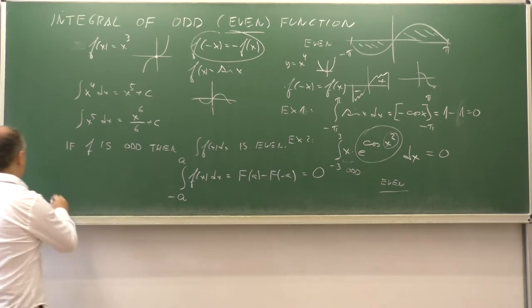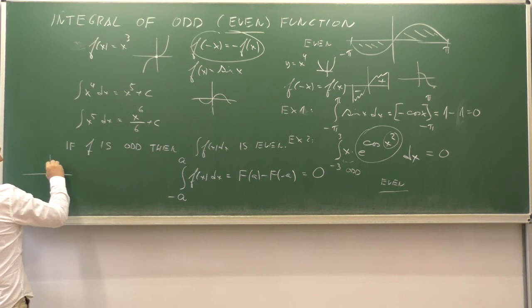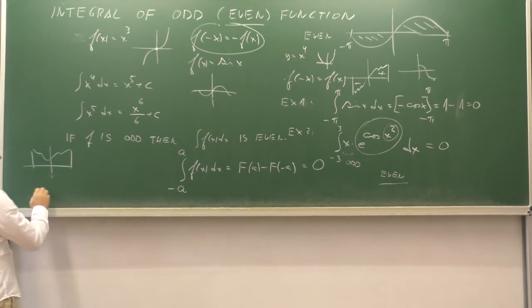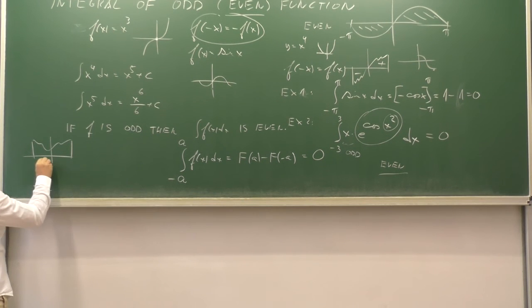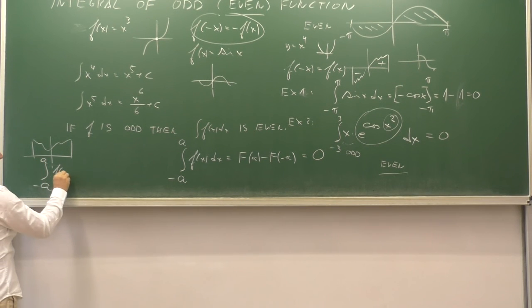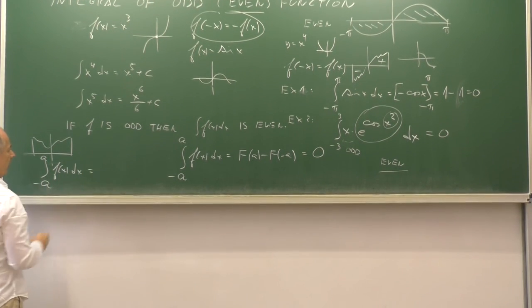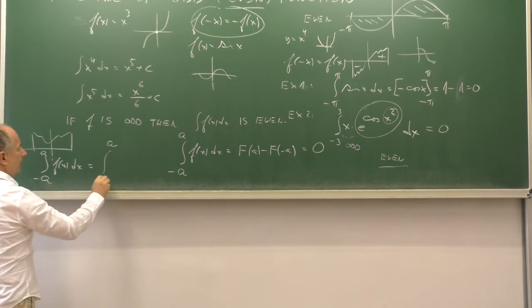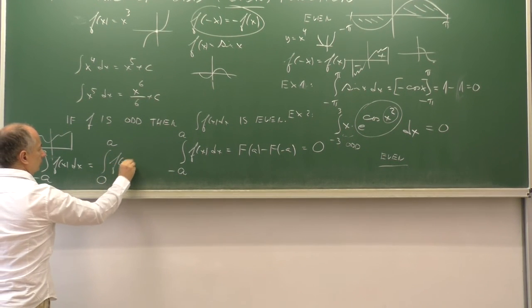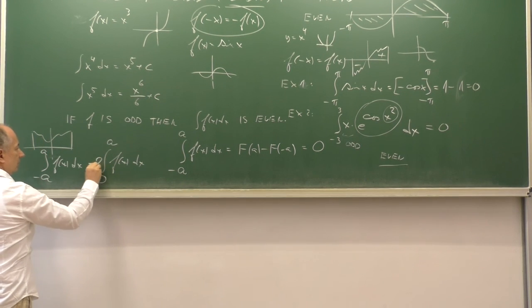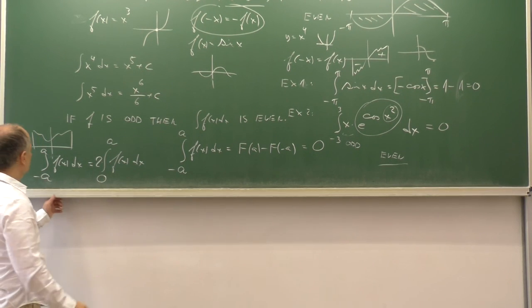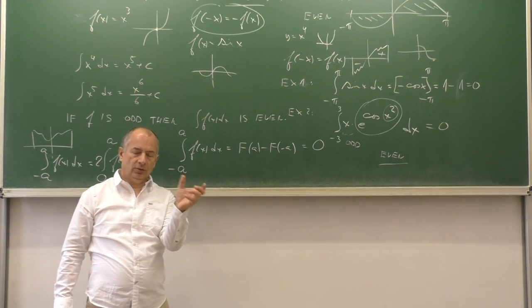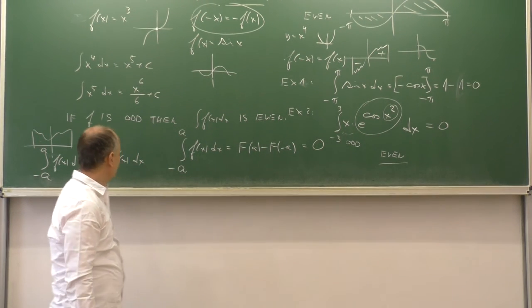And if we have some function like that, then instead of integrating from minus a to a, it is completely enough to integrate from 0 to a and multiply by 2, because the areas of the parts on the right and on the left are the same.